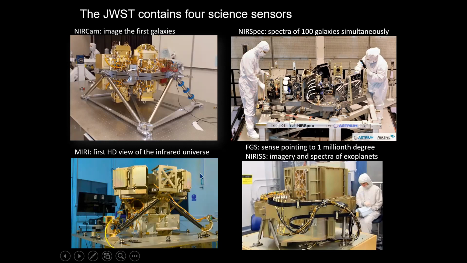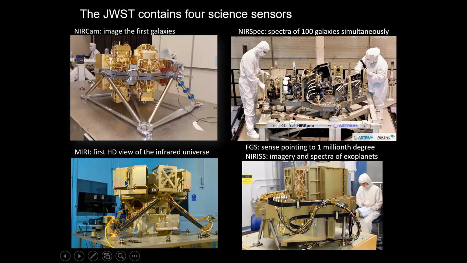observe. This is the mid-infrared instrument. This is the longest wavelength instrument on the JWST, and it will give humanity its very first high definition view of the mid-infrared universe.